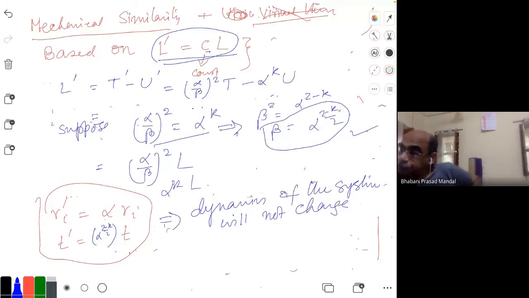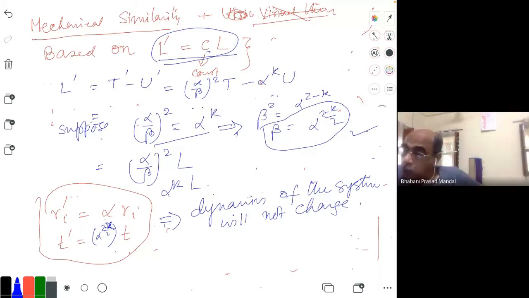Everybody agrees with that? So we get a good result: I can change my coordinates and time by a scaling, scaling meaning multiplying, and the dynamics of the system stays the same.